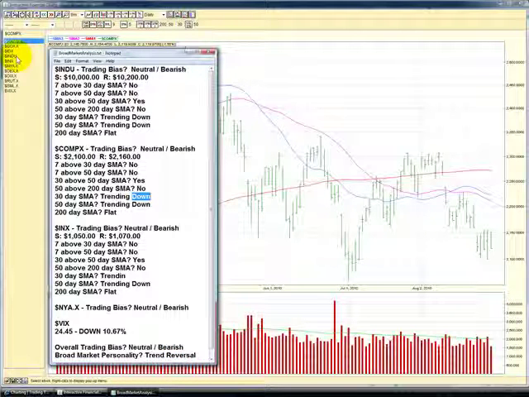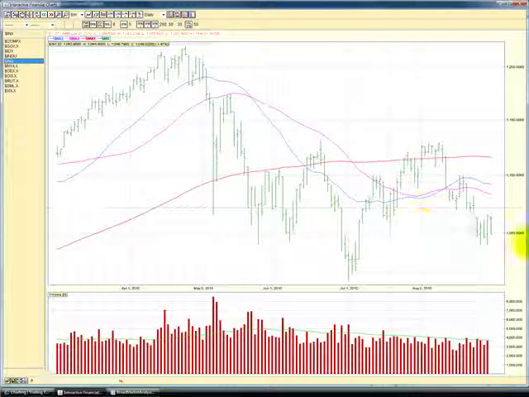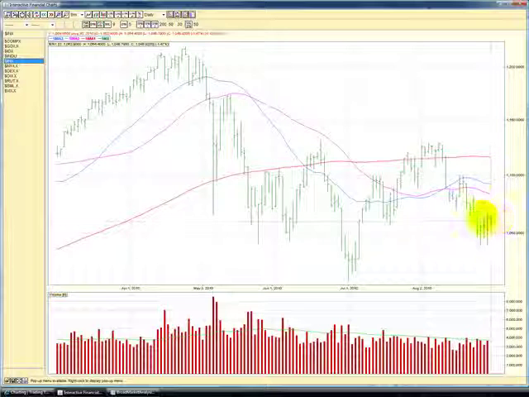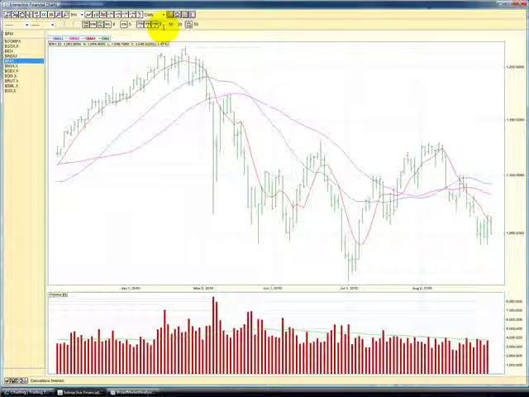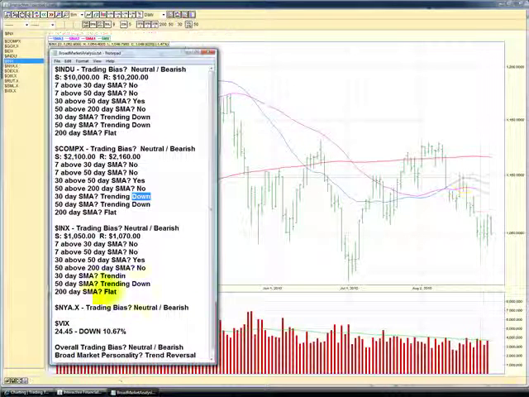All right. So now let's take a look at the S&P 500. Okay. Same thing. I'm going to guess that the 7 is down. Yes. And our 30 is trending down, so I can finish what I was writing when I was entering in the wrong spot.